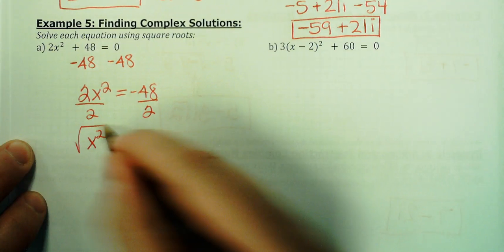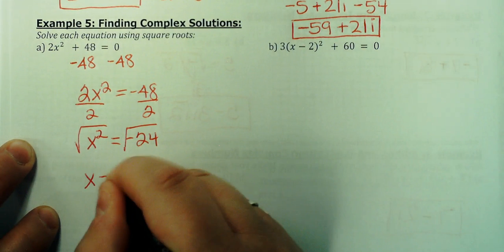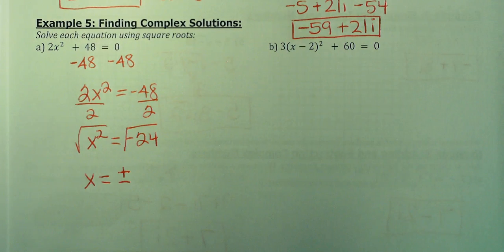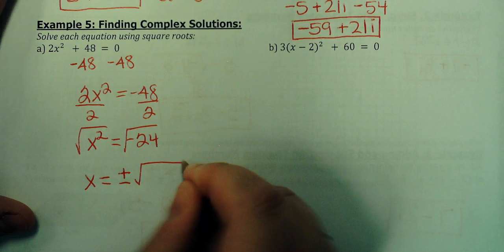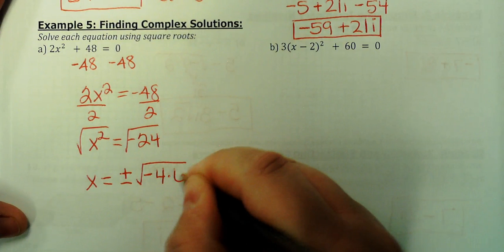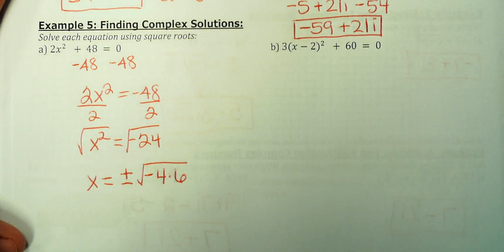And then here, when I take my square root, I'm introducing the square root into the problem. So that's where you want to go with that plus and minus symbol. When you introduce that into the problem, you are giving that possibility of a second answer. And I'm going to break this down since this is not a perfect square. If you like the factor tree, use that. I'm just going to tell you the biggest perfect square that'll divide into 24 is 4.